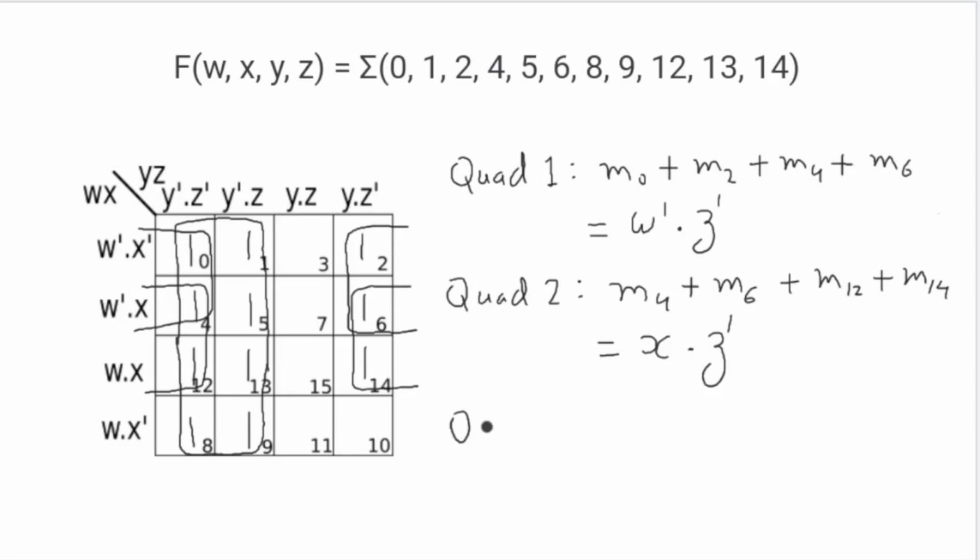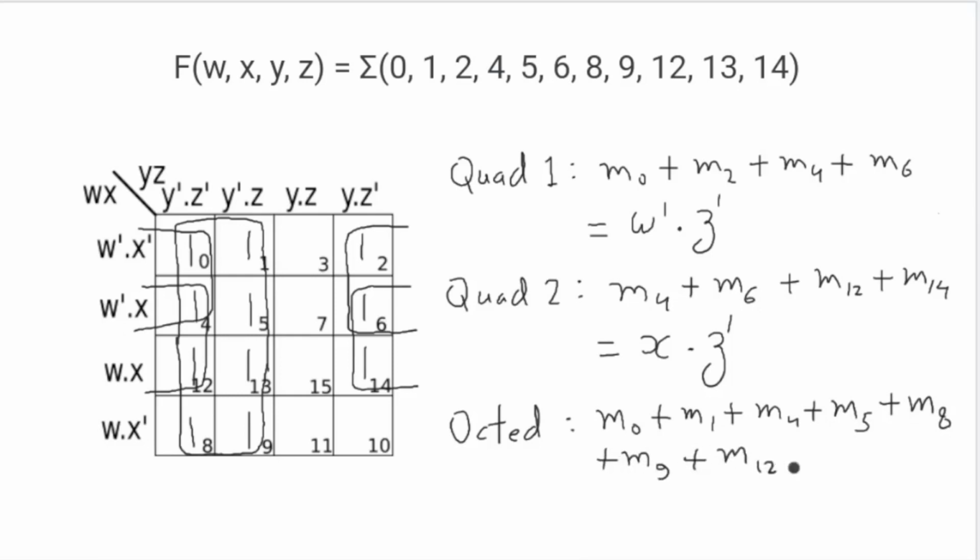Now the last one is the octet. We'll first identify our octet, and that octet is M0 plus M1 plus M4 plus M5 plus M8 plus M9 plus M12 plus M13.